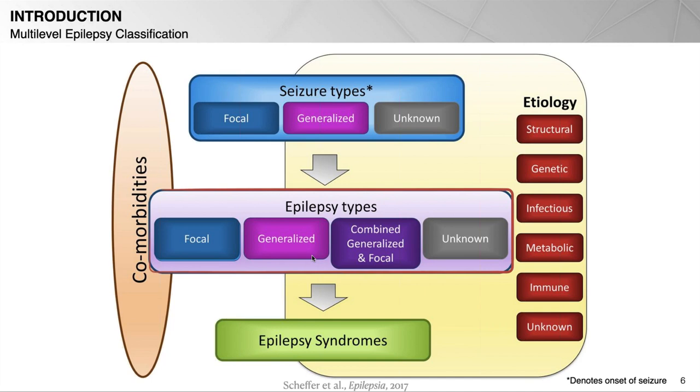And you have the combined, so it can happen that patients present both types of epilepsy, generalized and focal. And we have the unknown epilepsy. In that case, the clinician is unable to determine the epilepsy type due to insufficient availability of information.